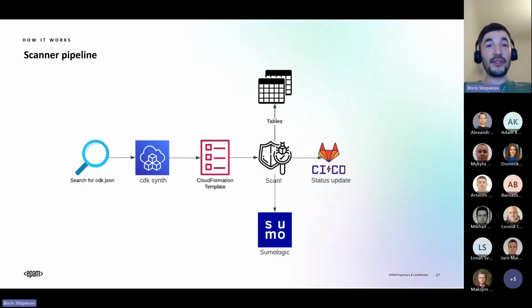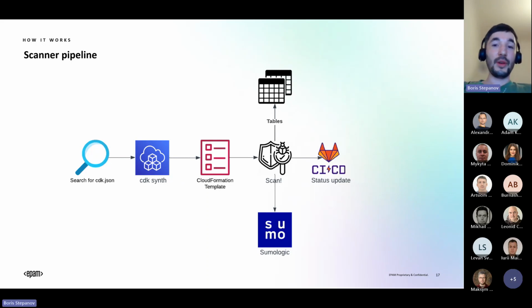But what actually happens in the scanner repository? At this point where I said security magic. As I already mentioned, we used AWS CDK for writing infrastructure code. And the pipeline is looking for every cdk.json file to run cdk synth command and generate all the CloudFormation templates.